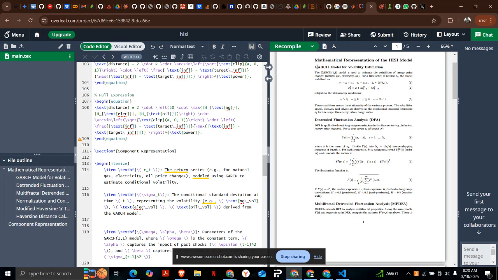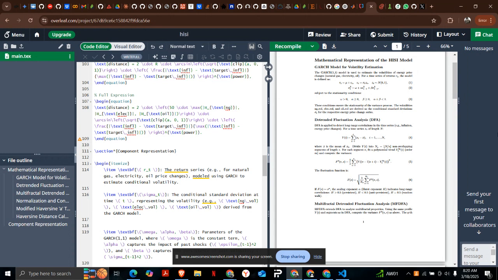GARCH is the generalized autoregressive conditional heteroscedasticity. If you are familiar with time series analysis, then you know that heteroscedasticity refers to changes in variance. So basically, you're calculating the volatility of energy price changes.